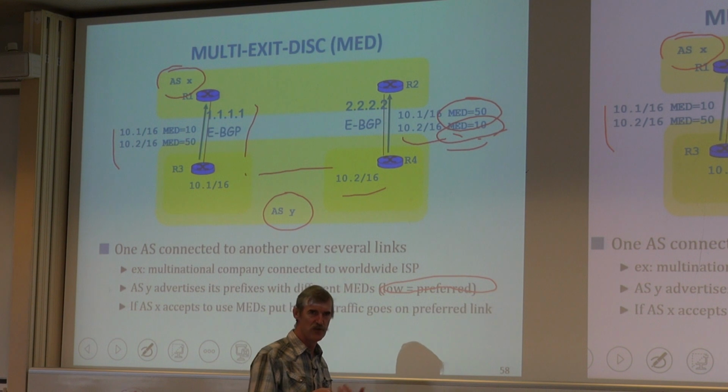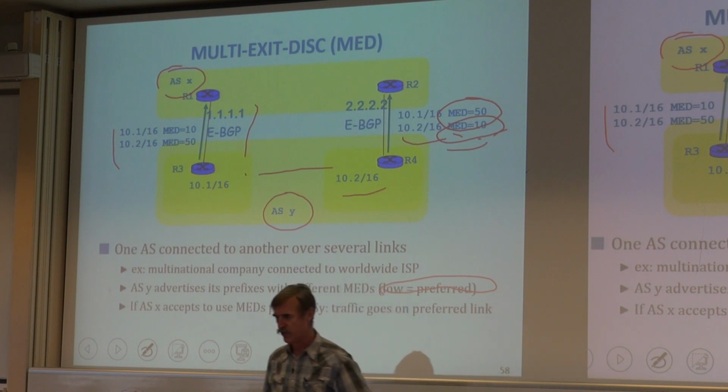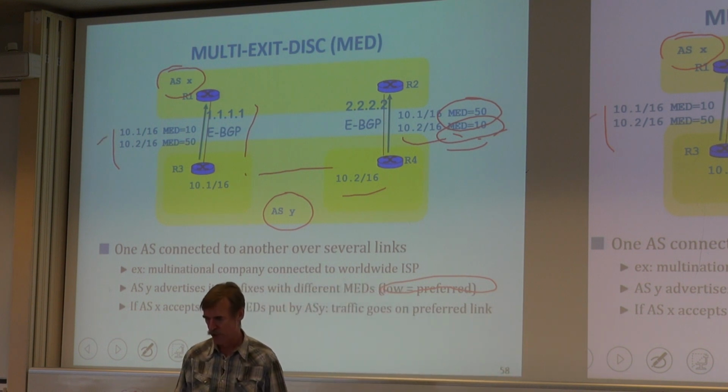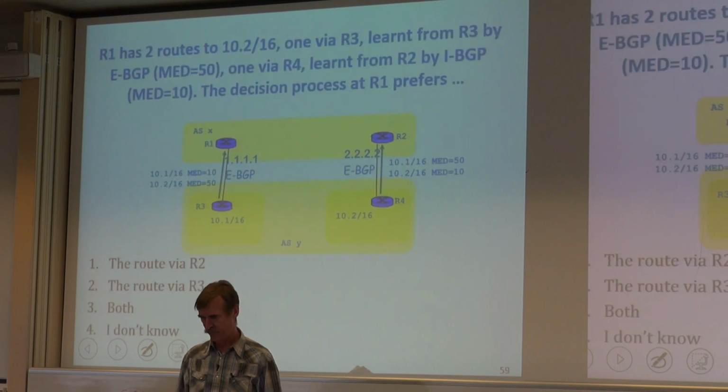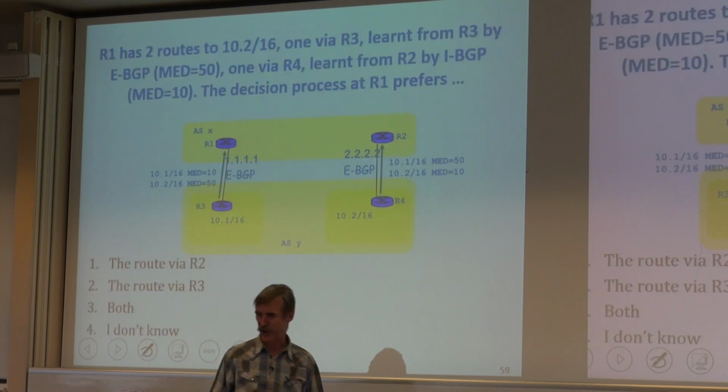Now, if X has to choose between the different routes to this one, it should consider the MED. Let's check how this would work.